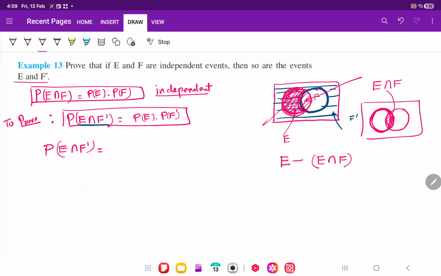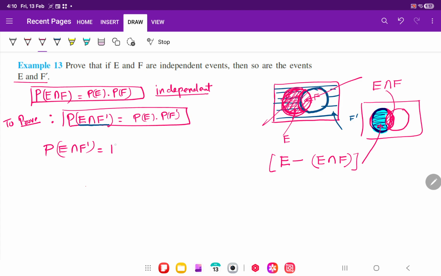If we want only this part, let me color it again, it will be shown as E minus E intersection F, correct? This region. So I hope you understood.